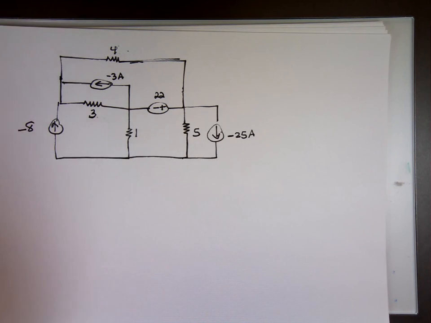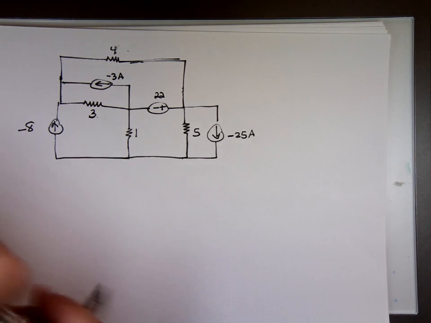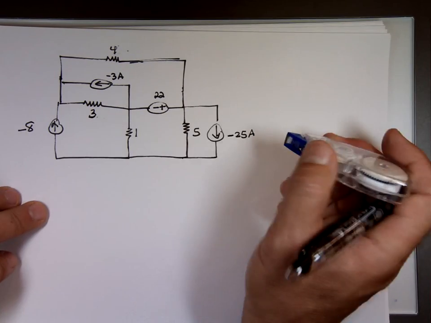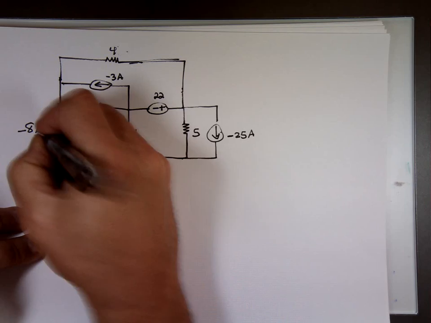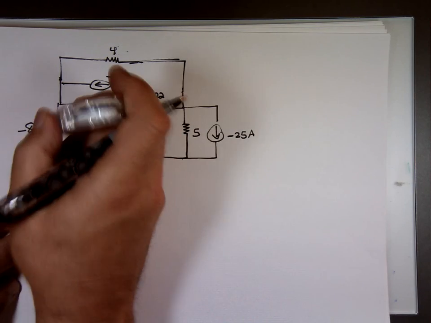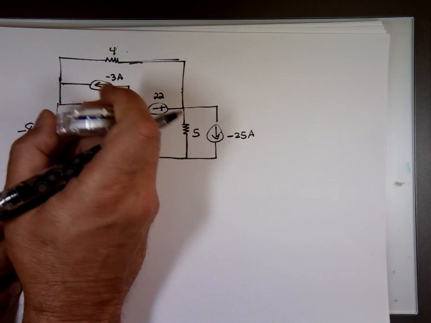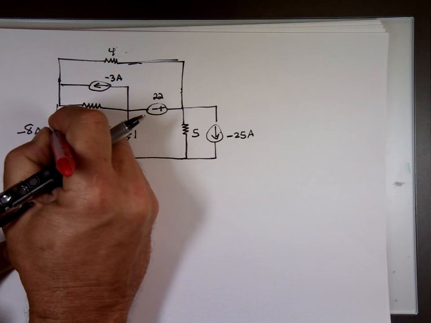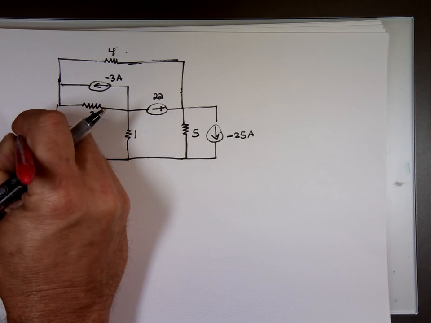Now, me personally, I'm not a fan of these minus currents going in. So guess what I'm going to do here? I don't like these minus, minus, and minus. I can change the direction of them, and I'm not going to redraw that again. Make that a plus.